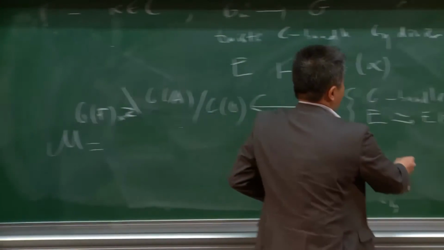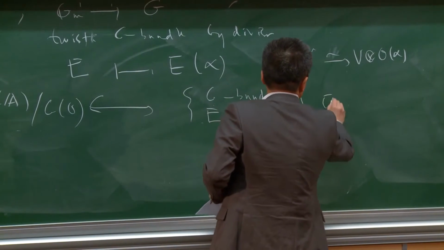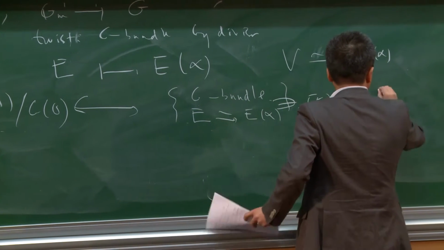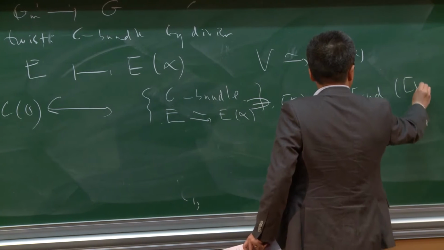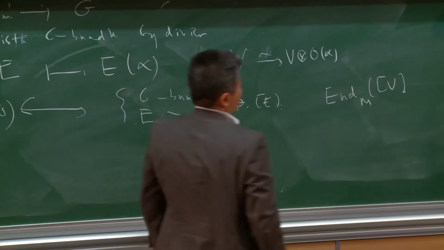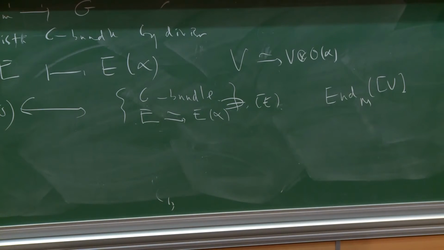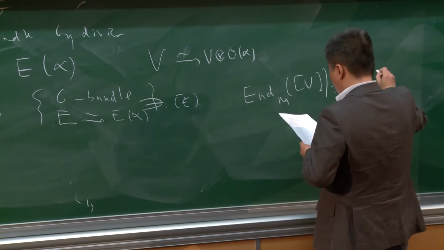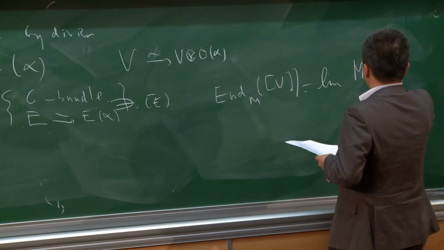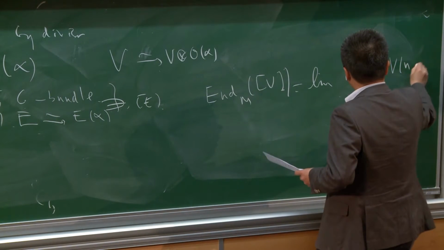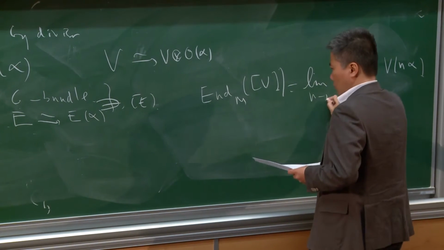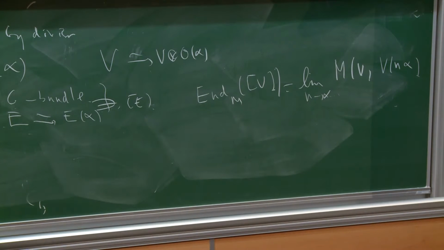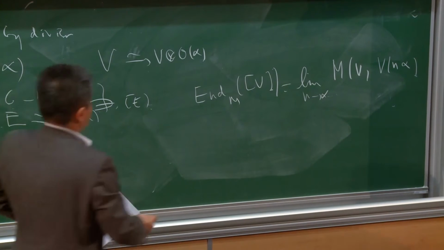So let E be an object in this category, then the endomorphisms of V: M is a map from V to V(n∞), when n goes to infinity. E is the same as V.